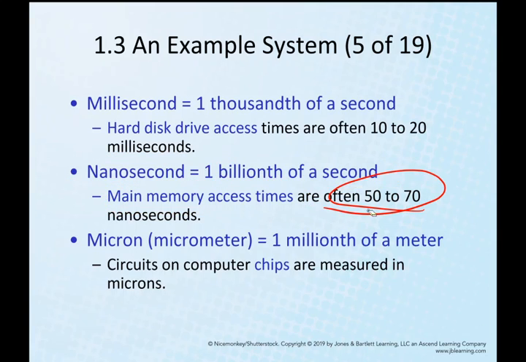A micrometer is one millionth of a meter, which is the size and scale of processors and chipsets that we design. They usually are in the range of micro or nanometer.